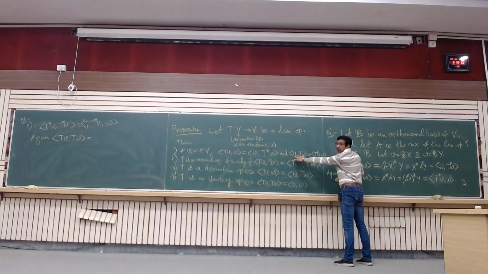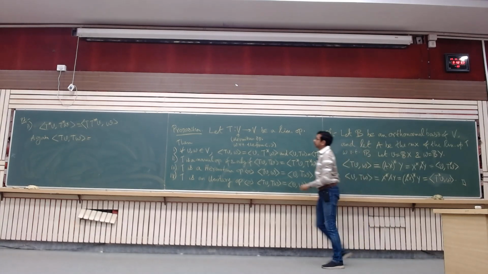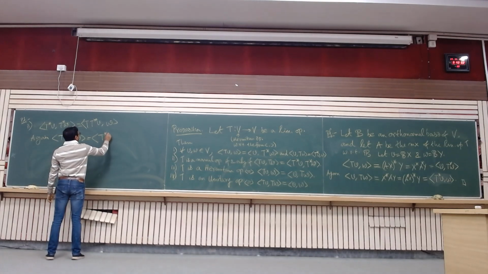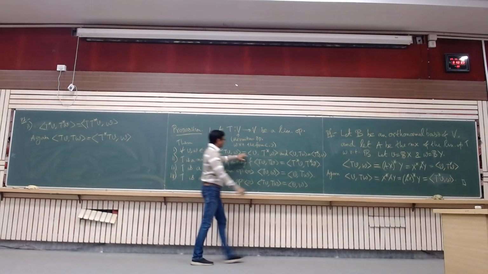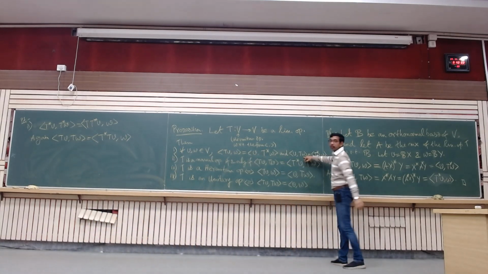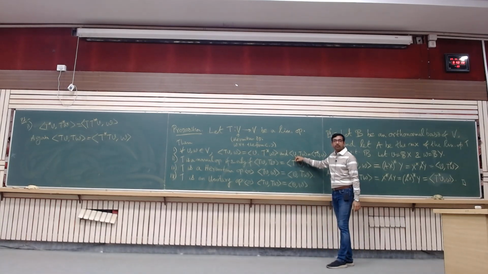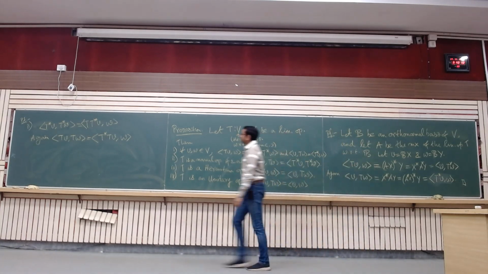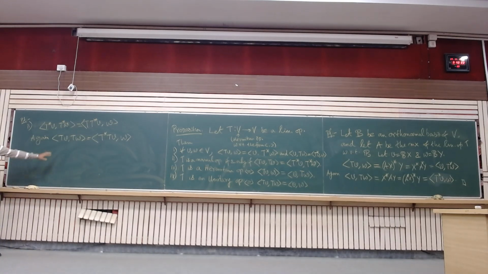Here we are replacing V with TV. So we used both these things, this one in the first thing and this one in the second thing. Until now we have not used normality. We just used that T is some linear operator.